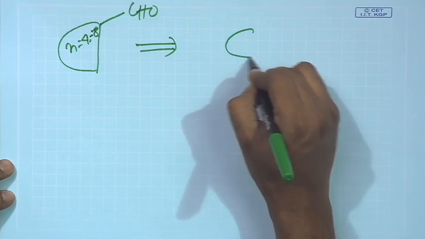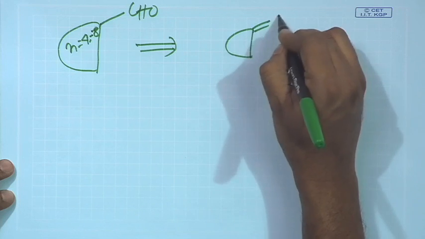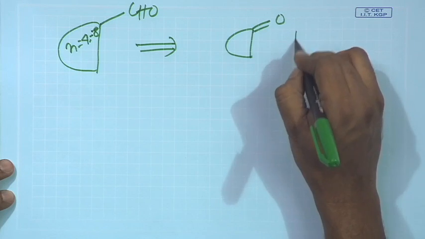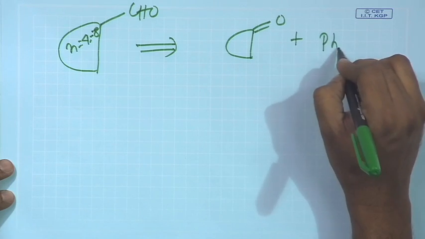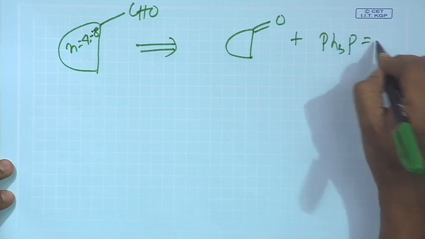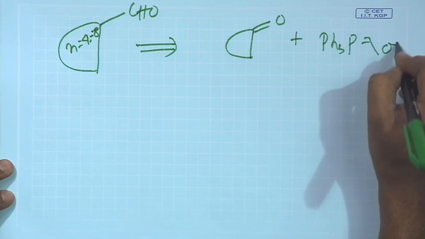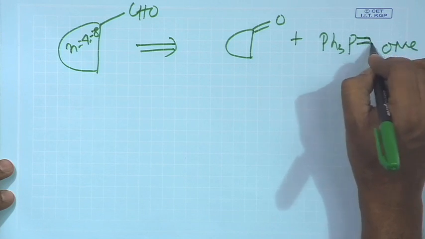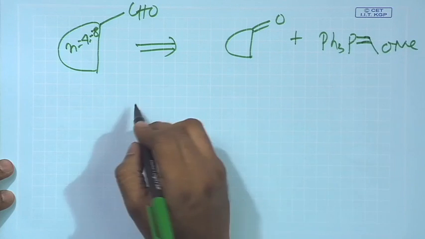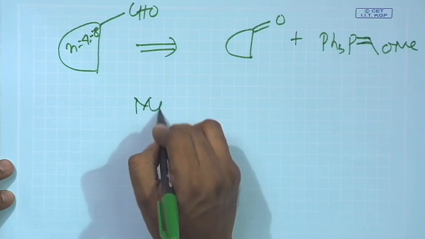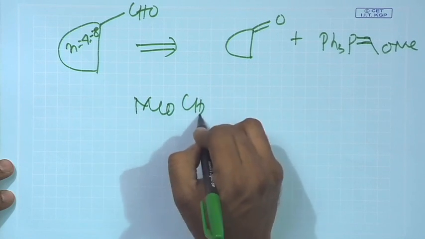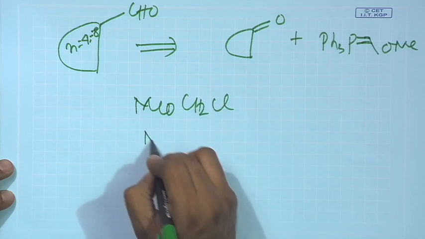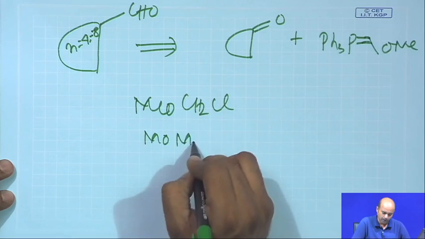You start with the corresponding cyclohexanone, which is very cheap, and then you use a Wittig reaction based on this kind of Wittig halide. Now, this Wittig halide is easily available, or you can even make it starting from a compound called methoxymethyl chloride, abbreviated as MOM chloride.